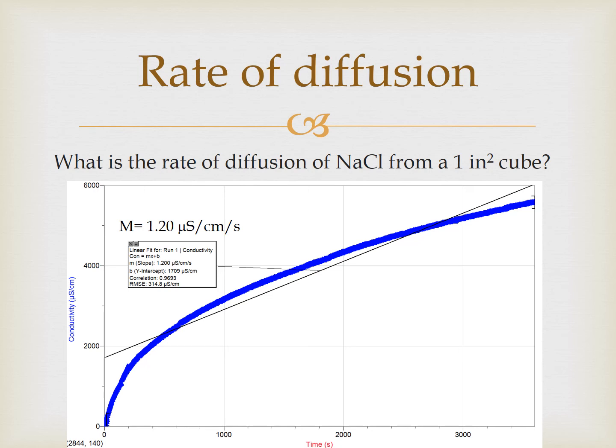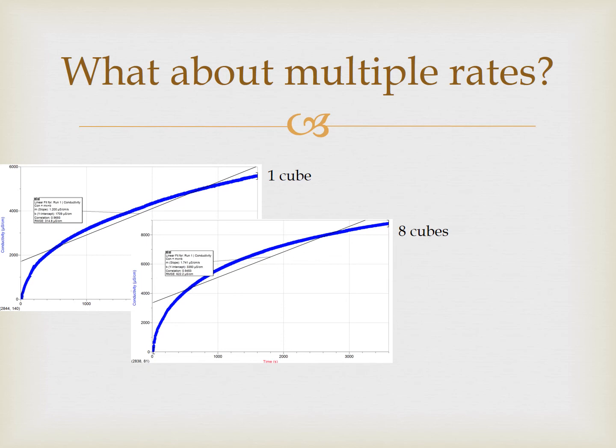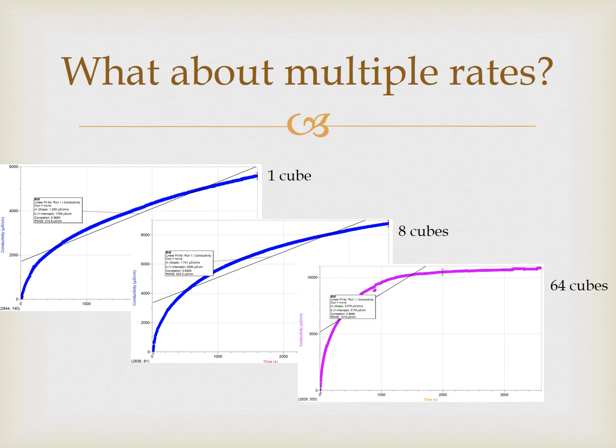Which is why we did this not once with just one cube, but a second time by breaking that cube into 8 equal-sized pieces, and then finally with 64 cubes, each time changing the surface area to volume ratio, but in each case asking how did the rate of conductivity or the rate of diffusion increase as we move through the experiments, and we got 3 separate rates.